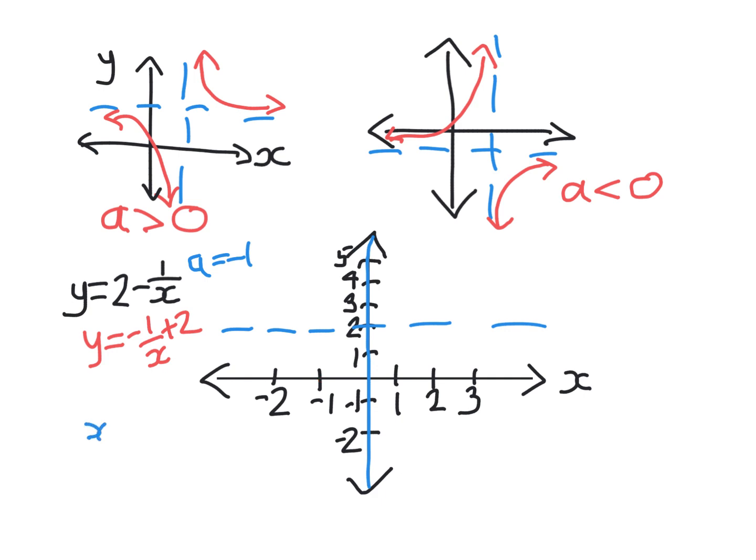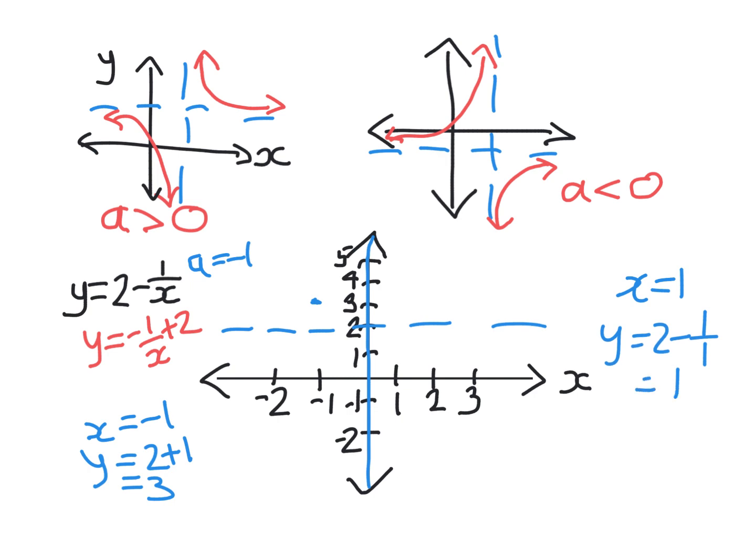So if x is equal to negative 1, y is equal to 2 minus 1 over negative 1, 2 plus 1 is 3. So negative 1, 3 is this point here, and then we can pick a point in this quadrant here. Let's just pick x is positive 1. So if x is positive 1, y equals 2 minus 1 over x, which is 1. 1, 1 is this point here.